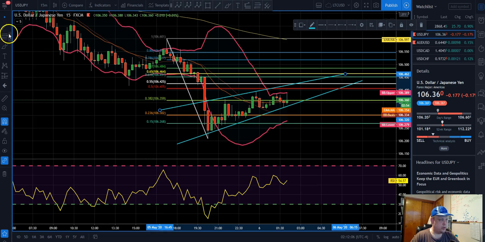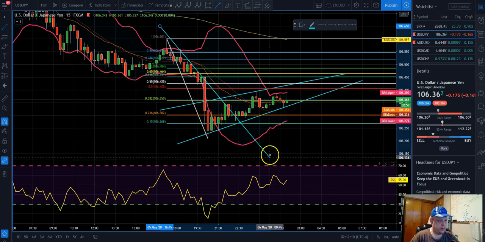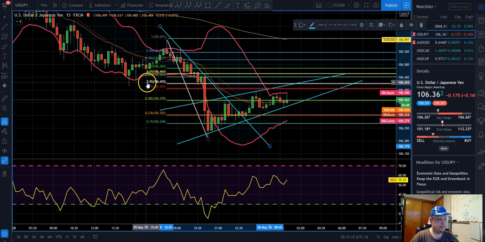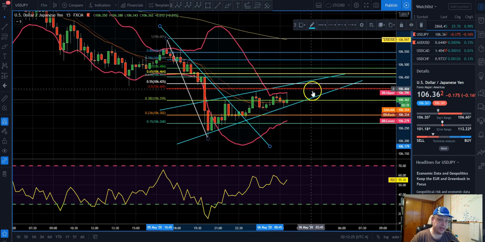So there was one wedge over here, for example, like that. And then once that broke out, you should be in the trade, and you should be looking to get out when it hits the 0.5 or the 0.55. Now, in addition to getting out at those levels, you should be looking for the next breach coming down here.